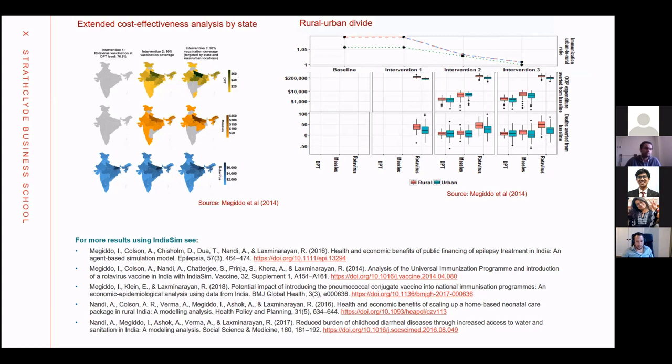You don't necessarily want to keep adding module over module over module and end up with an extremely complex model where you don't understand what's going on. You always want to keep it simple enough so you understand it. But if you build it modularly like this, you can extend it to answer some other questions, to some extent.